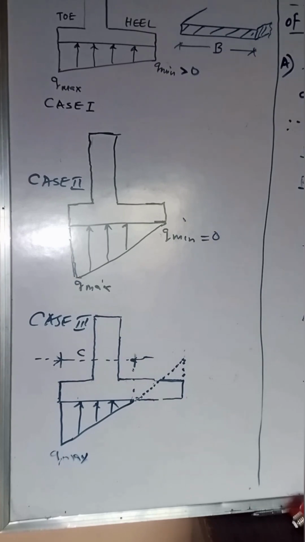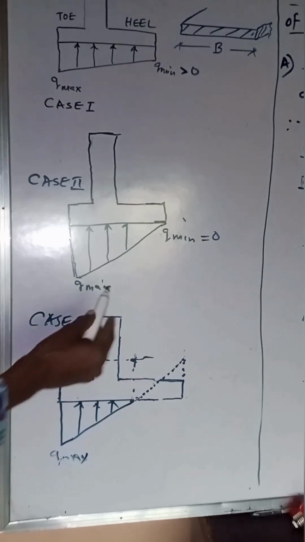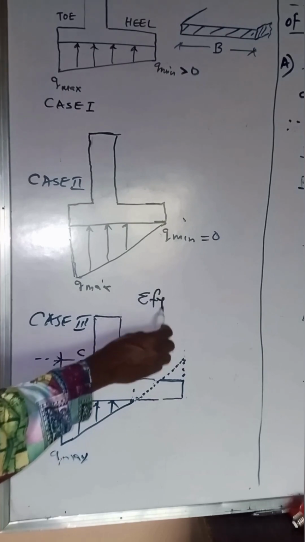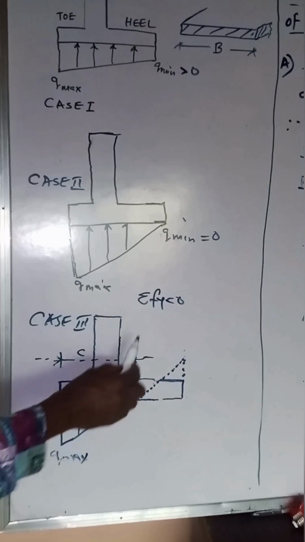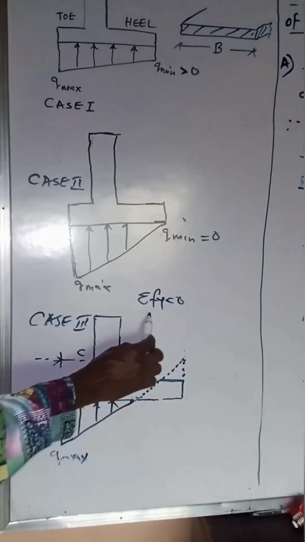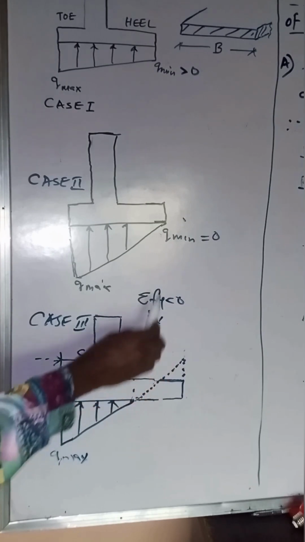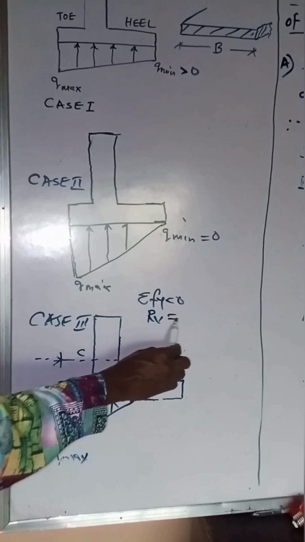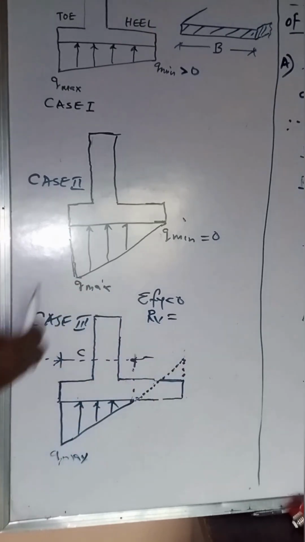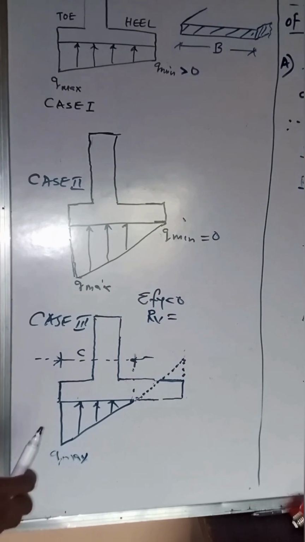Now we know that for this load to remain at equilibrium, we must have sigma Fy equal to 0, meaning that the total resultant vertical load RV that is coming, let's call that one coming positive, must be equal to the total resultant load that is coming against it.